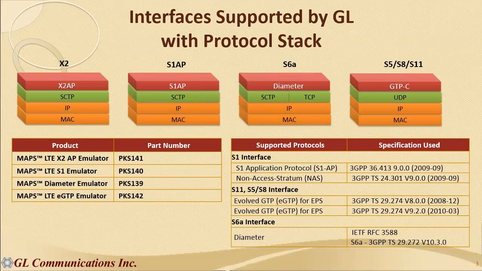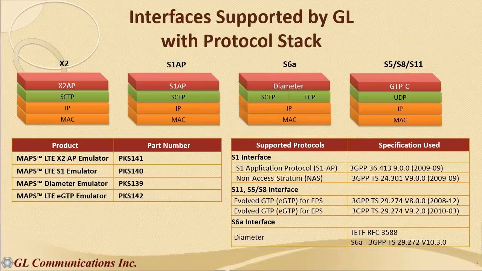The MAPS LTE X2 AP emulator is used to simulate the X2 interface, which is between two eNode Bs, mostly for handover procedures between two eNode Bs. Then the S1 AP emulator, that is the MAPS LTE S1 emulator PKS140, is used to simulate the S1 AP interface between eNode B and MME.